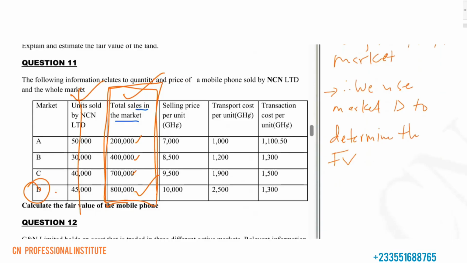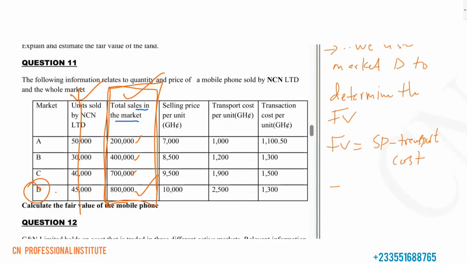So let's go to market D. As we know, our formula is fair value equals selling price minus transport cost. We know this formula already. So we go to market D. What's the fair value in market D? We start with the selling price. What's the selling price in market D? We have it here.